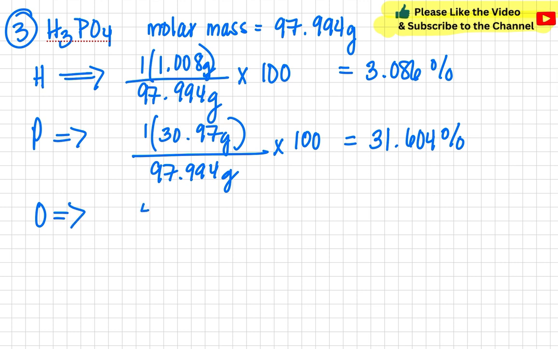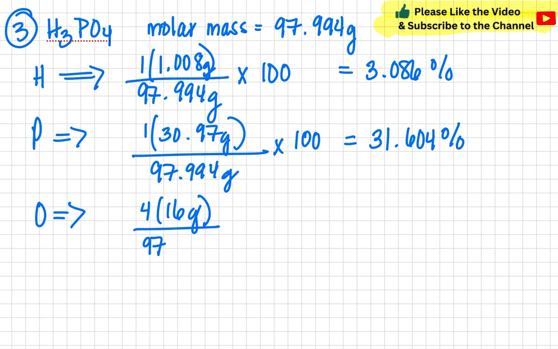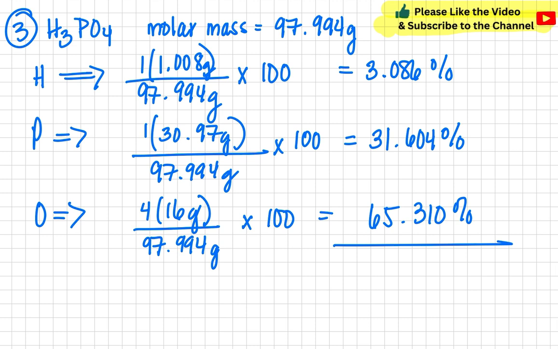And that is 4 times 16 grams over 97.994 grams times 100, which is going to be equal to 65.310%. Then when you do the math, 3.086 plus 31.604 plus 65.310, you end up with 100%.